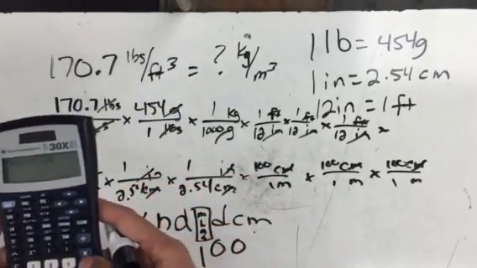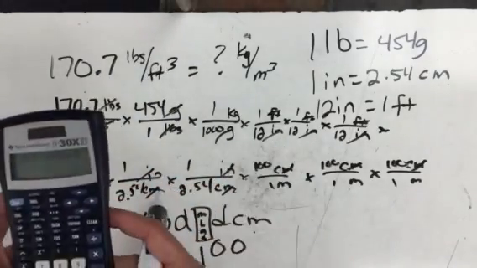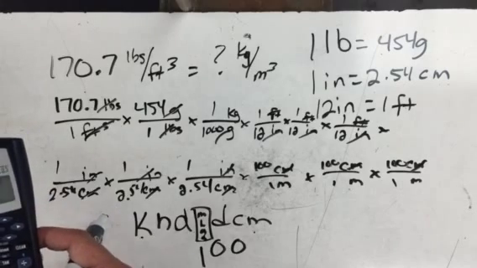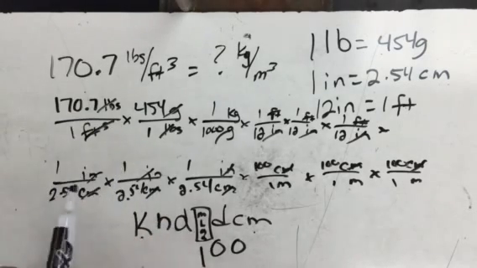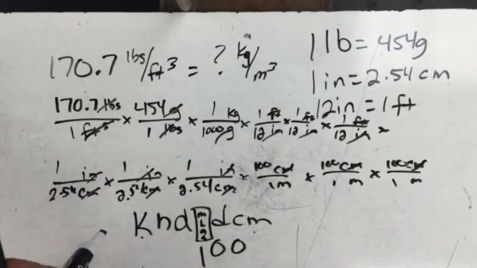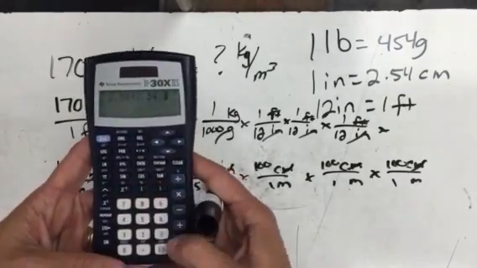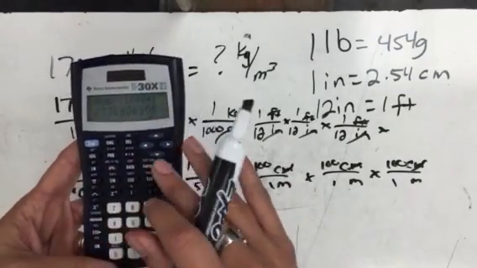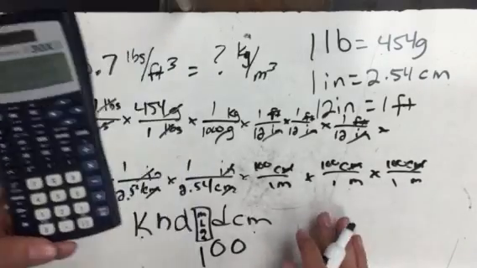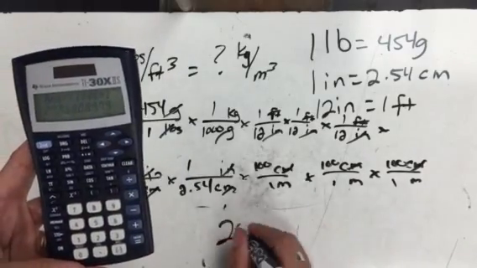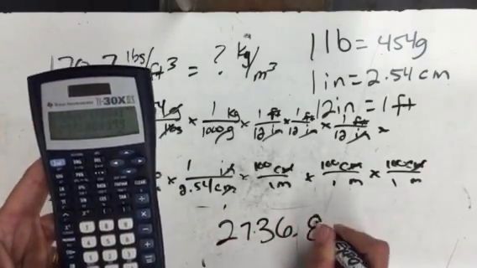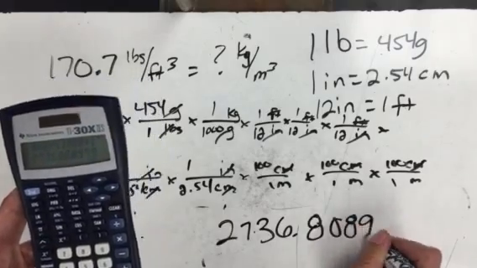So now I go 1,000 times 12 times 12 times 12 times, coming down here, 2.54 times 2.54 times 2.54, right parenthesis, equals. This gives me my final answer. I'm going to write it right here, so I'm going to erase this. 2736.8089. Okay, we'll stop there.